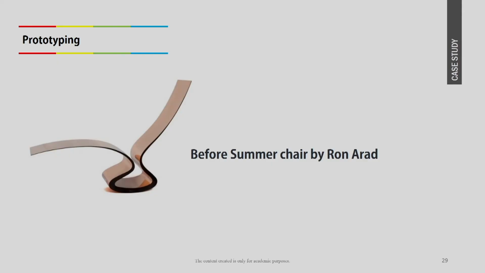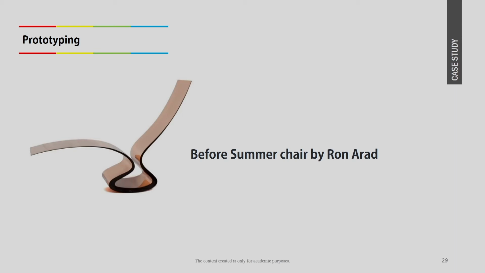Next is the Before Summer chair by Ron Arad. Here you can see a complex form, which cannot be given by any other material. Because of the thickness constraint, you cannot give this form to thermocol, and while working with PU, though it has good strength, it is long and extended on both sides.